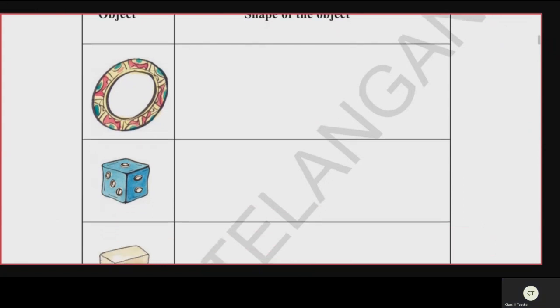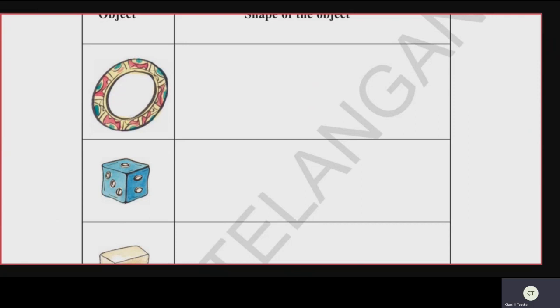Next, what is this object called? Cube. Cube shape object. Did you see this object anywhere? Okay. This is called a dice. Okay, children.